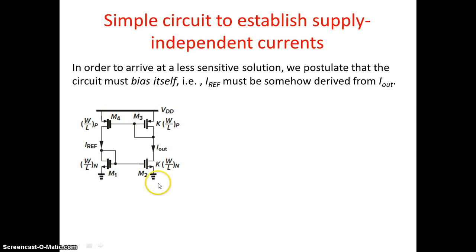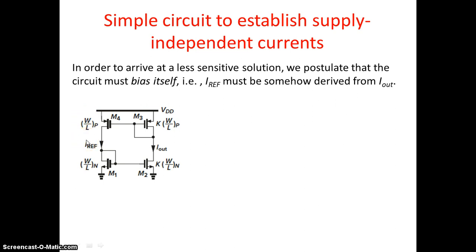This is the simple circuit that has been considered. This bottom part, as you all know, is the basic current mirror. Then, in order to get this I reference, I am trying to mirror M3 to M4. It has been connected, and the proportionality is the same, with a dimension K factor on this side, while here it has a normal W by L ratio.